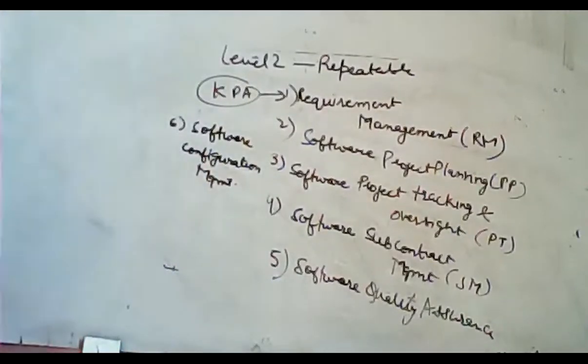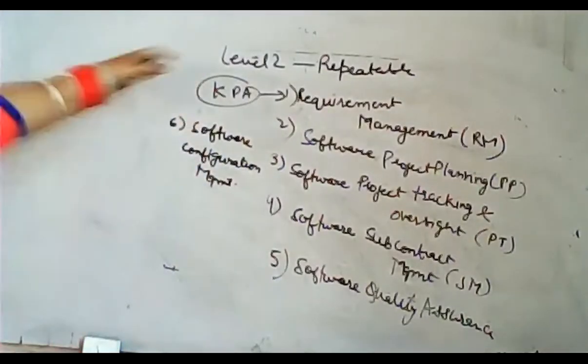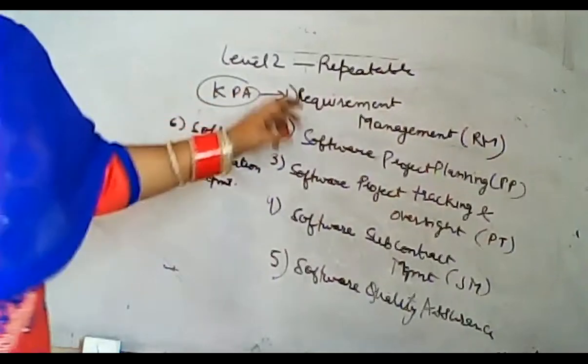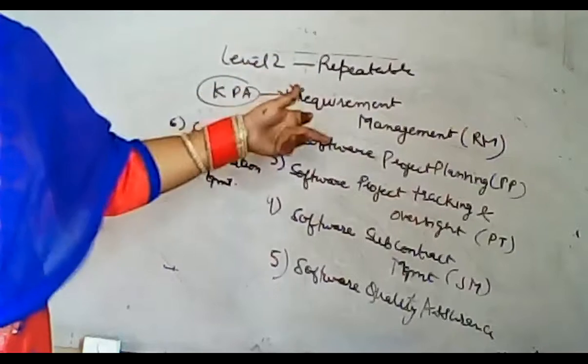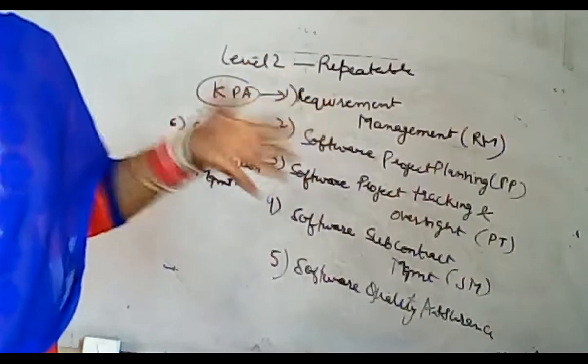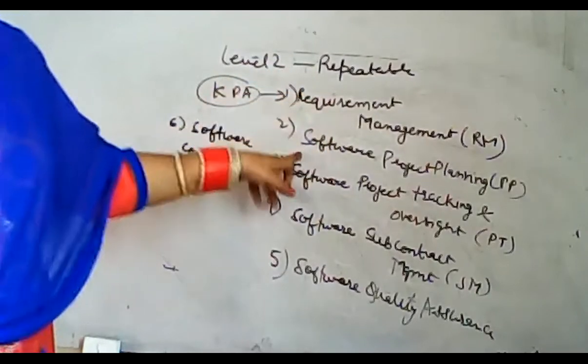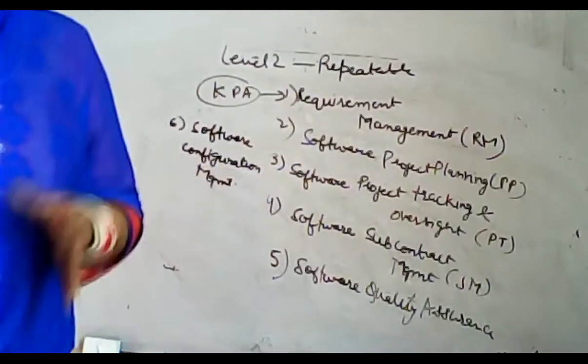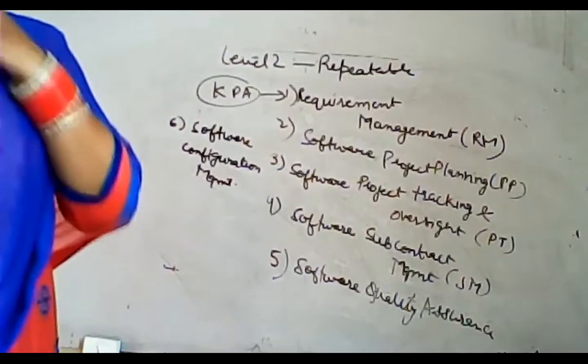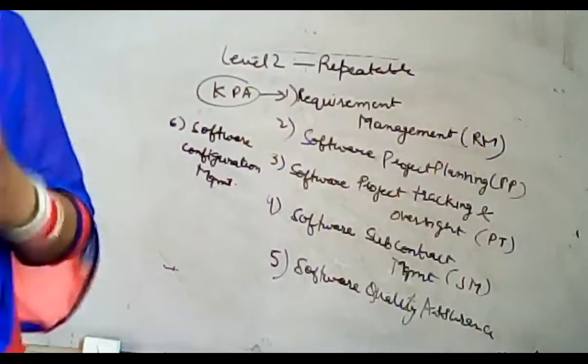This is the process area. So requirement management establishes a common relationship between the customer requirements and the developer in order to understand the requirements of the project. Software project planning establishes reasonable plans for performing the software engineering and for managing the software project.